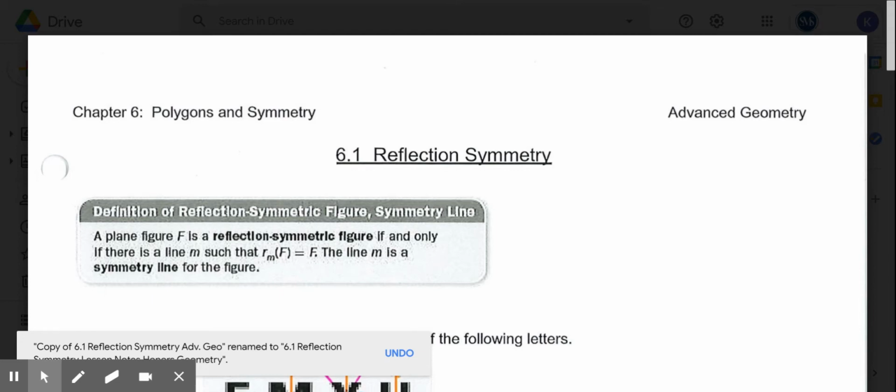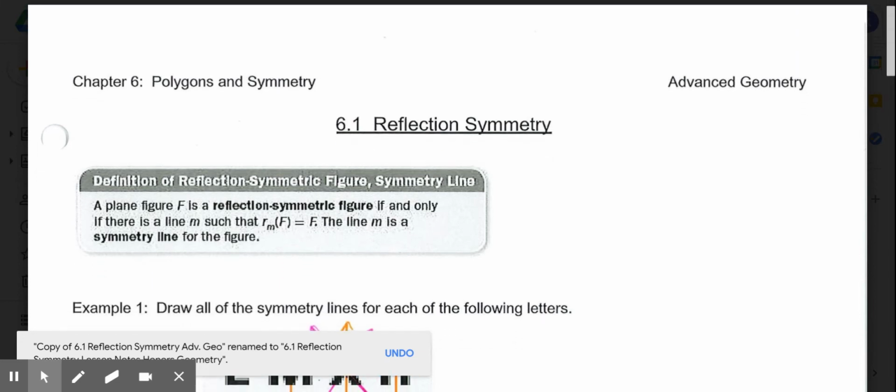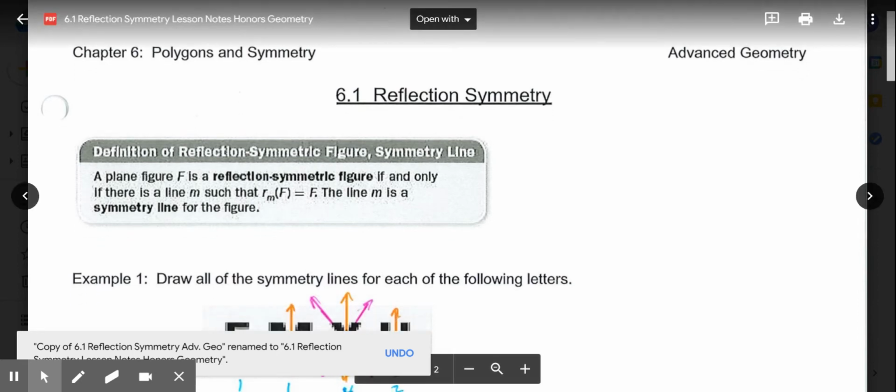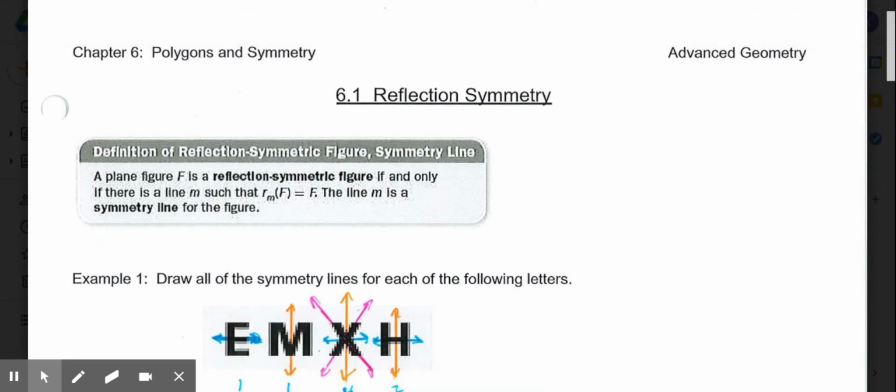So, if we look at our first definition to help us make sense of this, it's the definition of reflection symmetric figure, or a symmetry line.